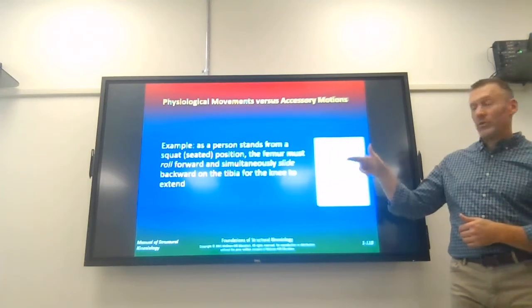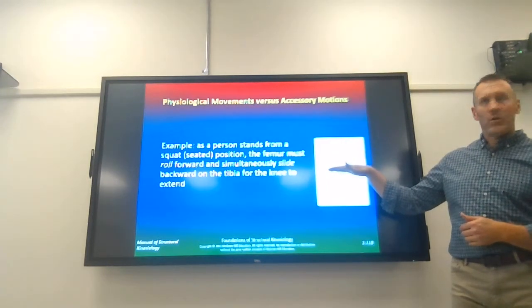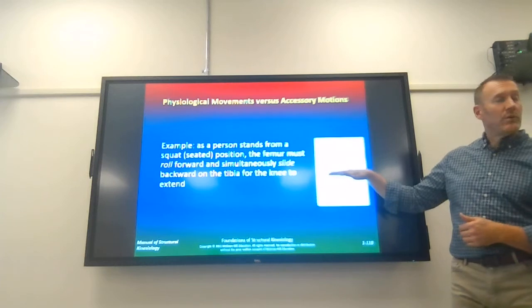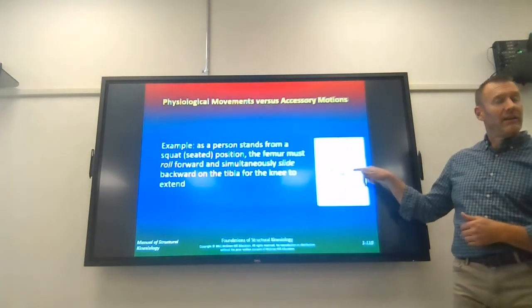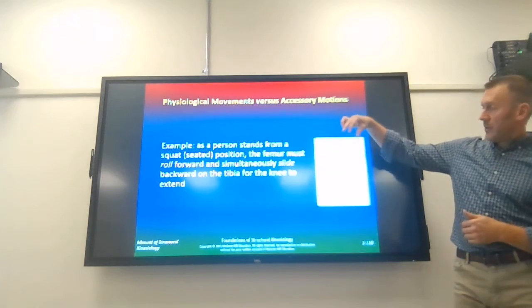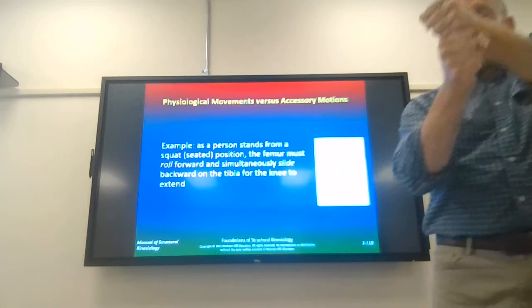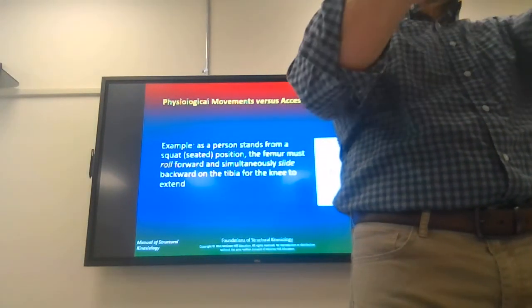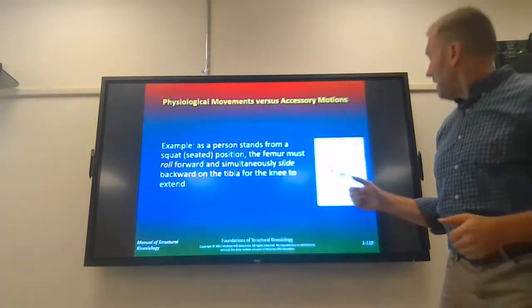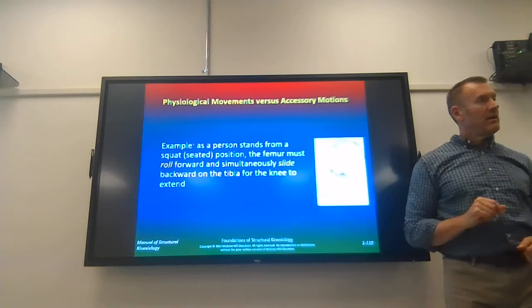Yeah, it can't just roll forward because it has nowhere to articulate. So in order to come to a rest on the top of the tibia, it also has to slide back. And then we also get a little bit of spinning action too. The femur spins internally, the tibia spins externally. So we have this spin action as the femur rolls forward and slides back on the tibia.